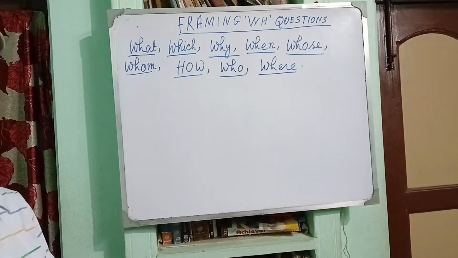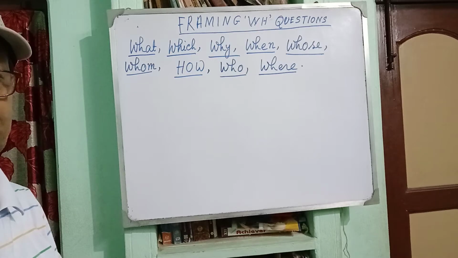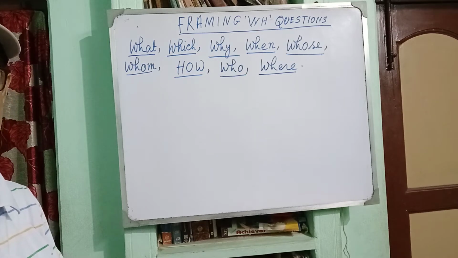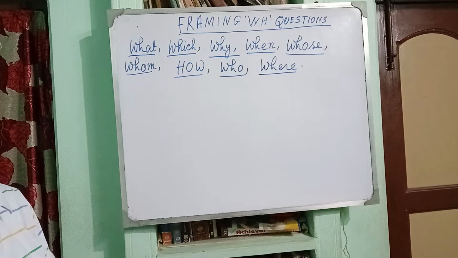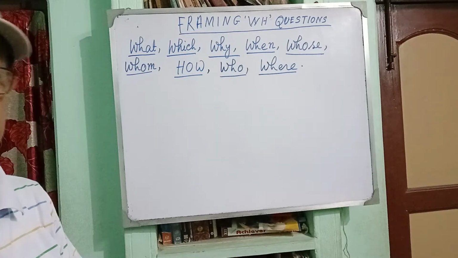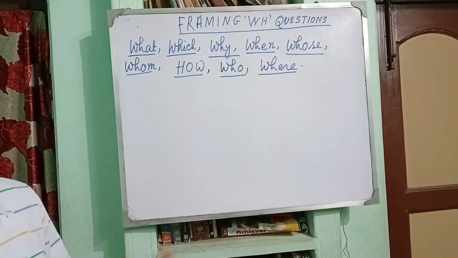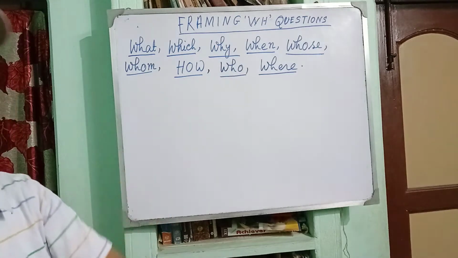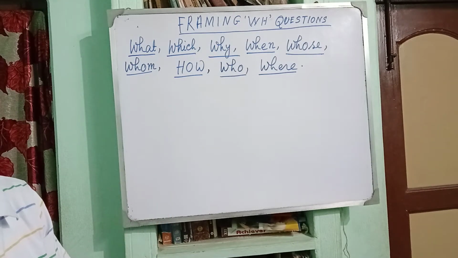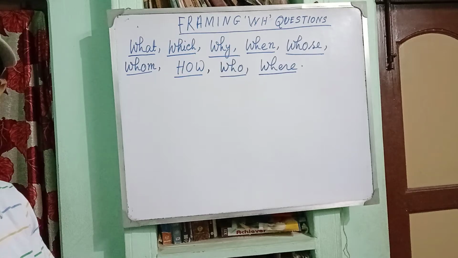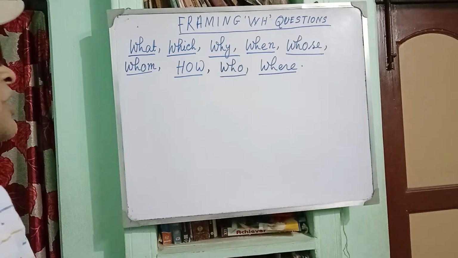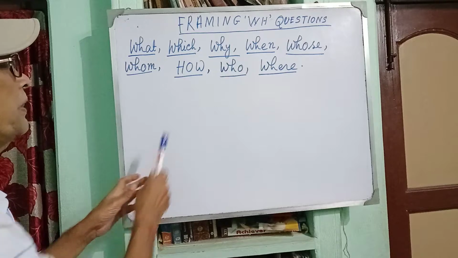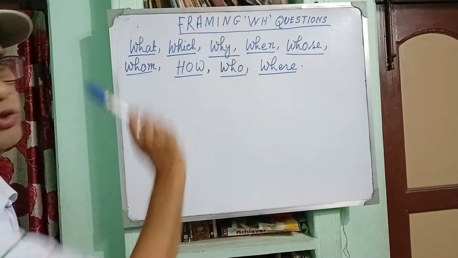And all these words help the teachers, the students, and all who speak English try to frame questions with all these words, interrogative pronouns. Clear? Now the name of the topic is framing WH questions.